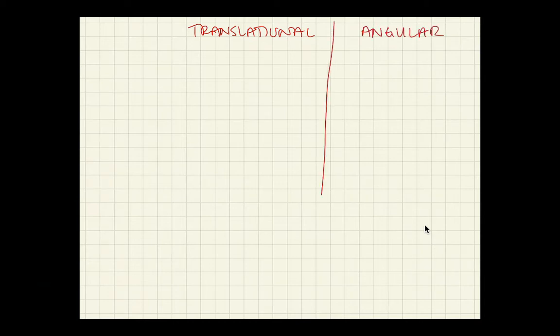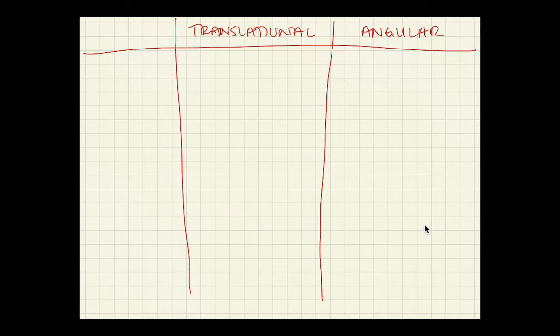So we could make a table, right? Translational and rotational. Actually, this time I'll call it angular, just so we can have some experience with both of these terms. And then on the left here, I'll have it be the term. So this is position. Translational is x, angular is theta. Velocity.